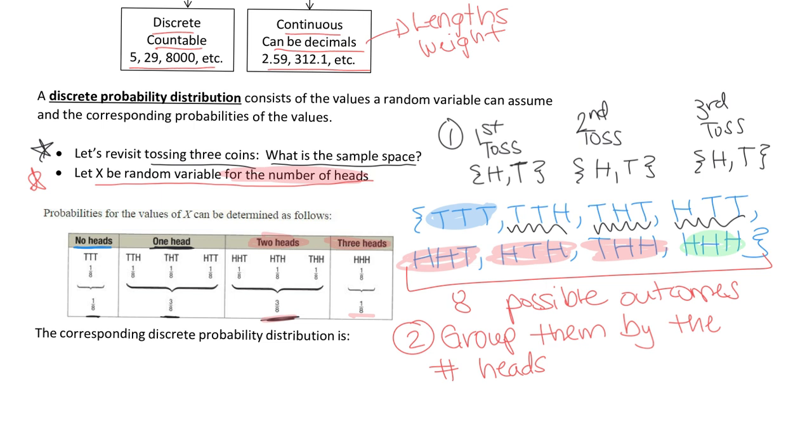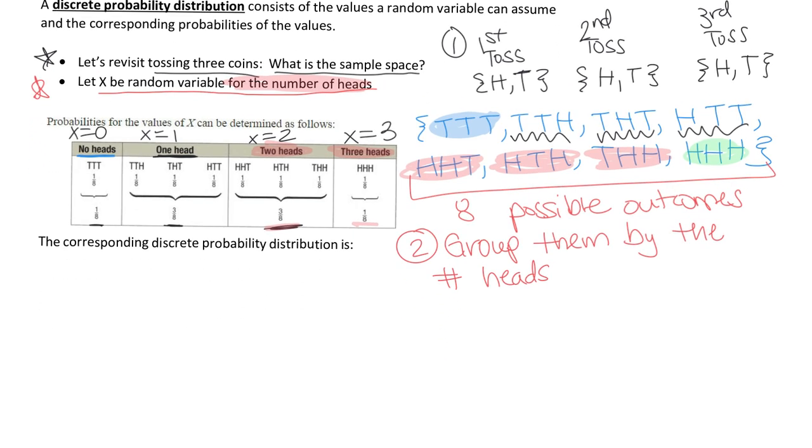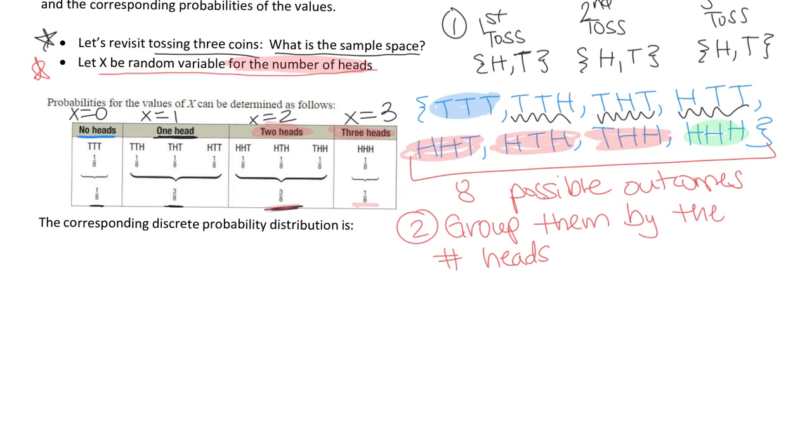And the variable here would be x equals 0, so that would be 0 heads, x equals 1, x equals 2, and x equals 3. And so we can create the corresponding discrete probability distribution.